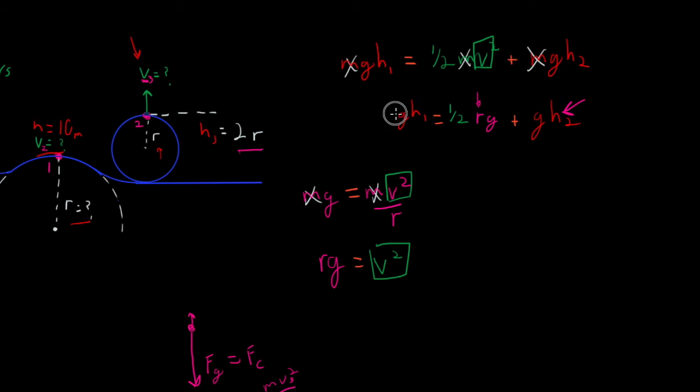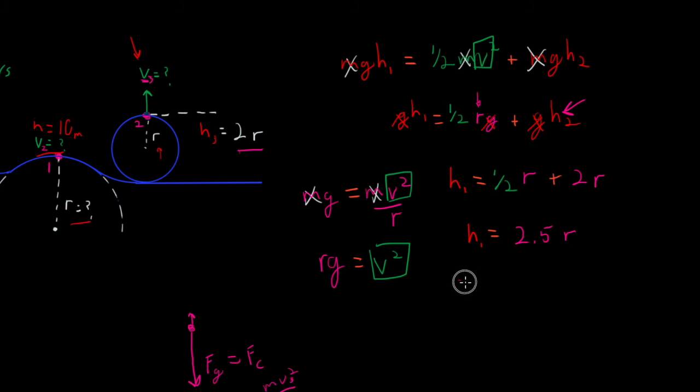And so let's eliminate our g's, and then substitute my 2r in. And now these are the same term, r and r, so I can add these together. And now I get my height will equal 2.5r.